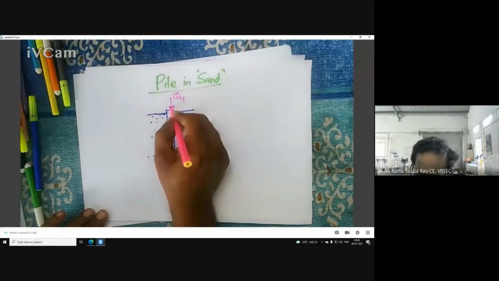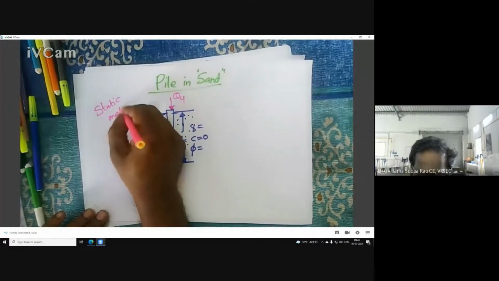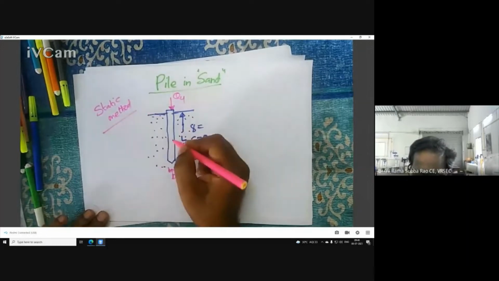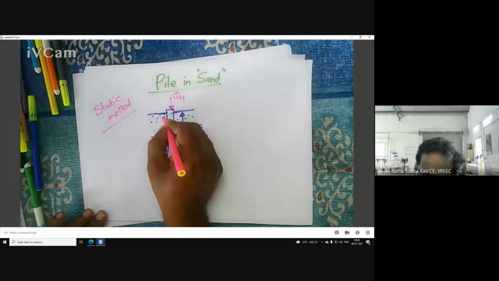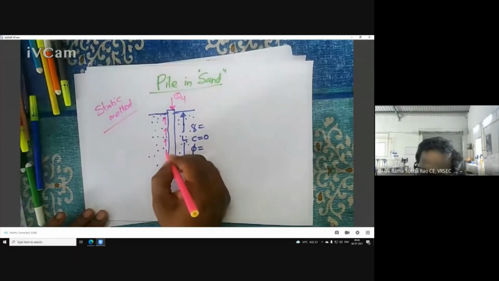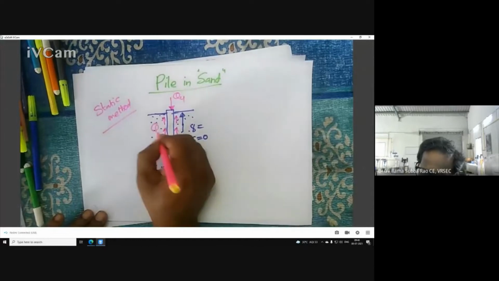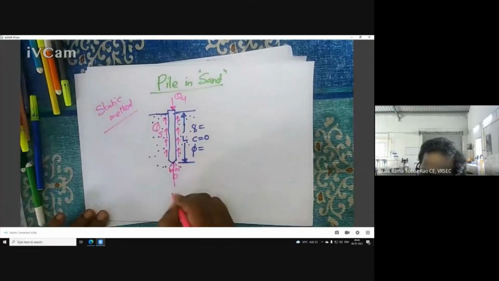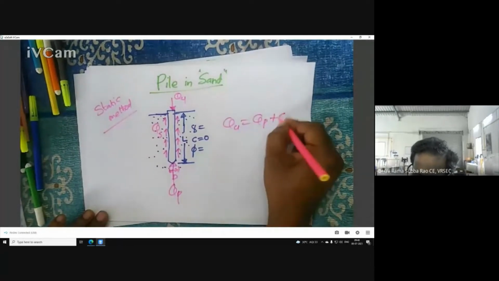As you know, we are using the static method, where we are applying static equilibrium. Static equilibrium means the sum of vertical forces is 0. So this is the skin friction offered from the skin of the pipe, and we have the point end bearing QP. So QU is equal to QP plus QS.